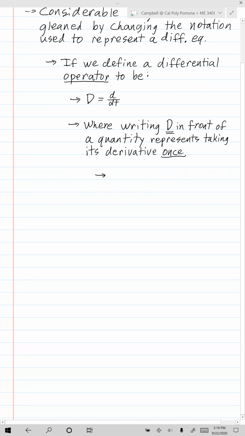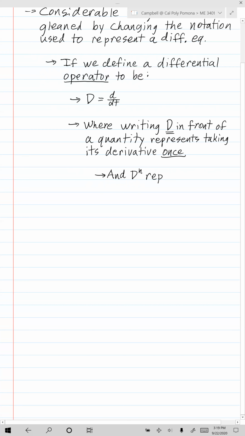Now, as I said, this capital D represents an operation, but it turns out that some of the patterns that we know and understand and appreciate from algebra also appear when we're using these differential operators.